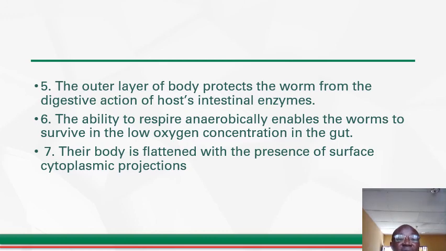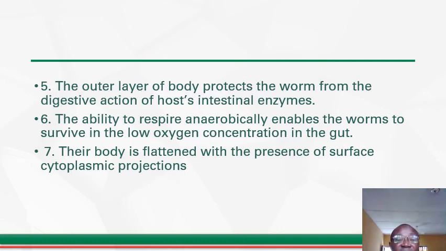Number 6, the ability to respire anaerobically, that is, they can carry out respiration in the absence of oxygen. Since they live in the gut, there is usually low oxygen concentration there, and they can carry out their activities in the absence of oxygen.